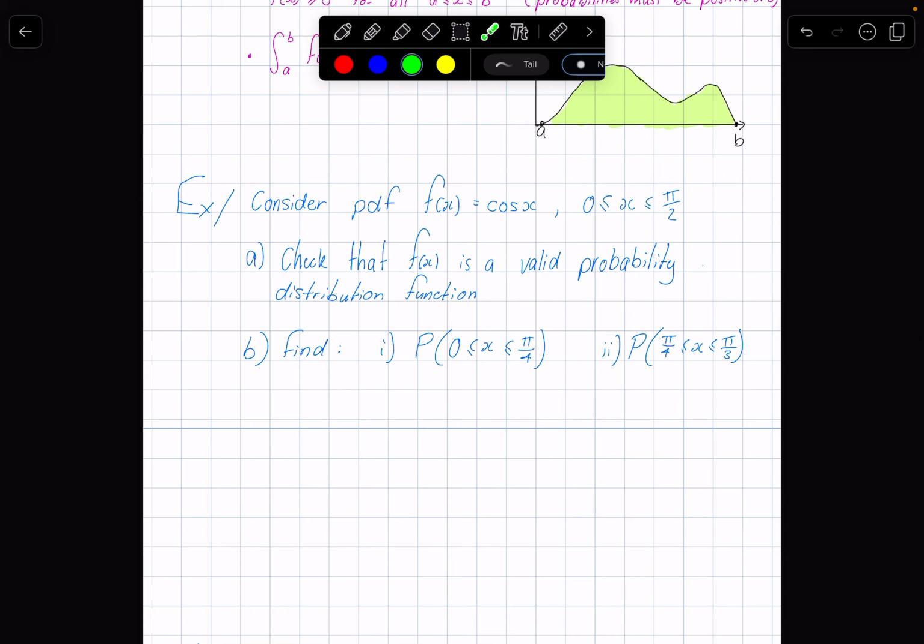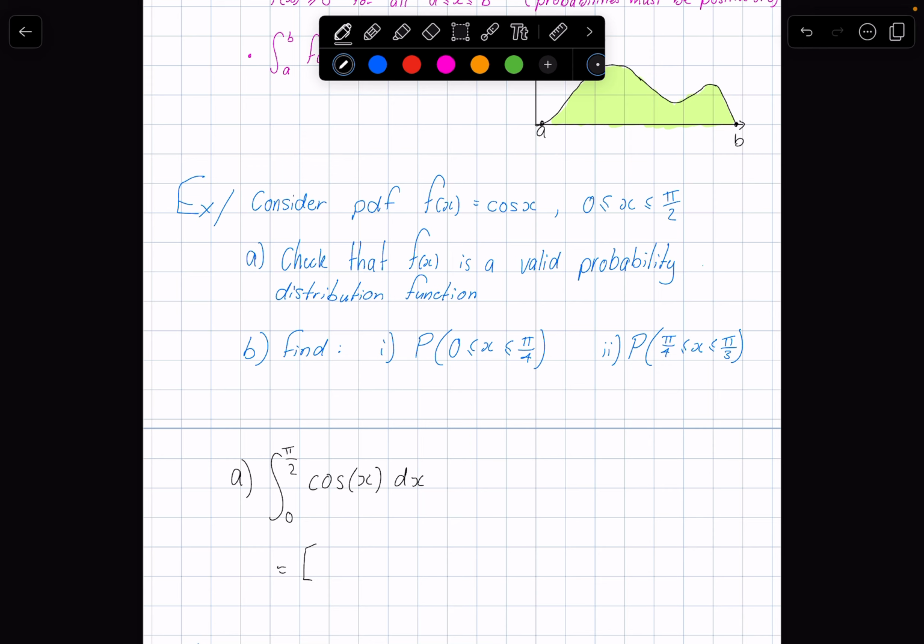Now we must also check that it is valid in terms of our integral. So we need to be finding the integral from my lower limit 0 to my upper limit pi on 2 of cos of x with respect to x, and we want to show that that equals 1.